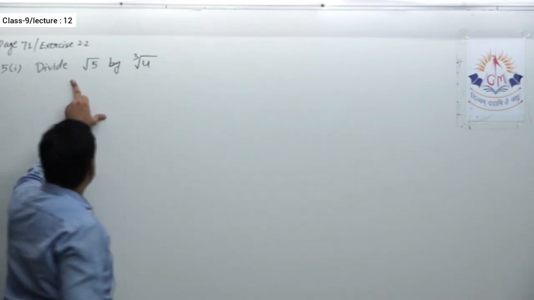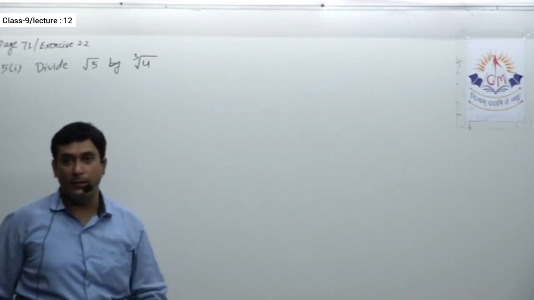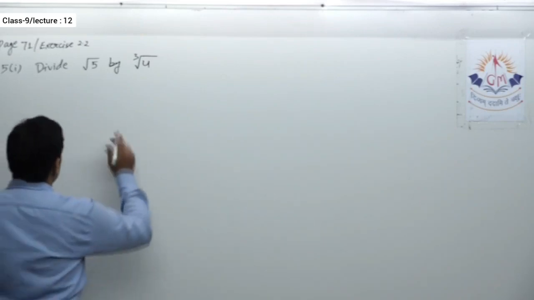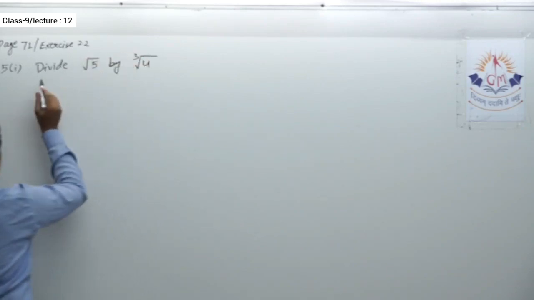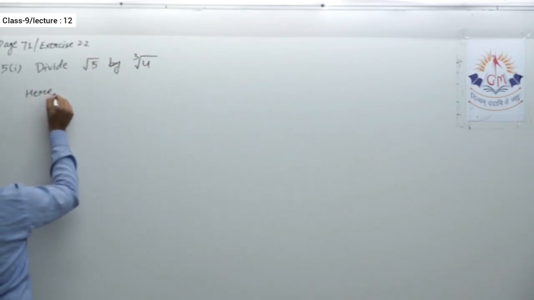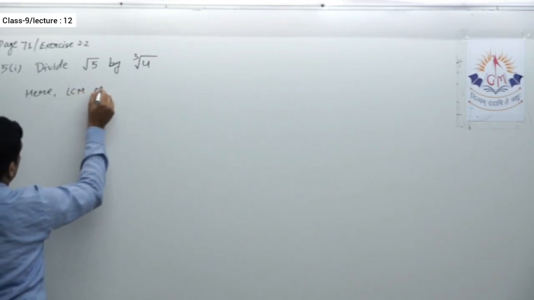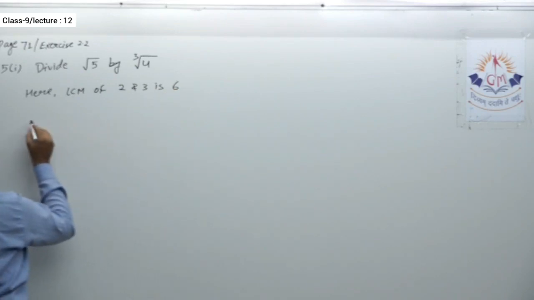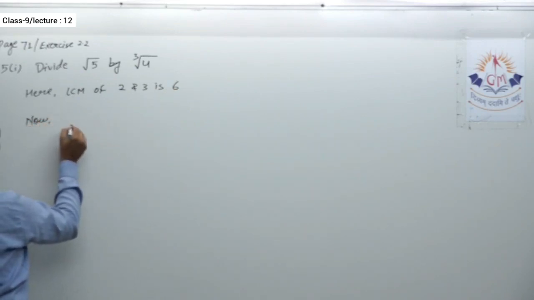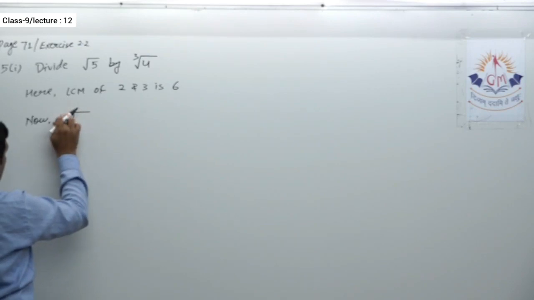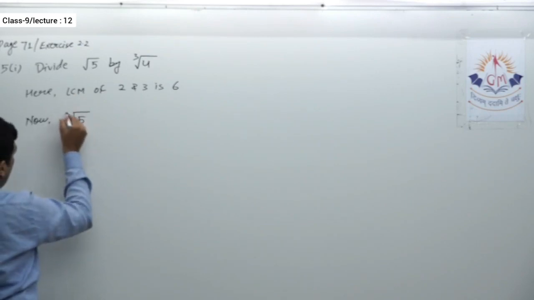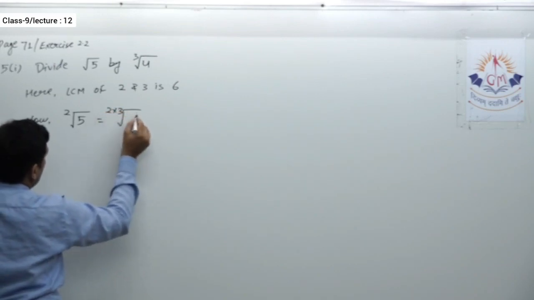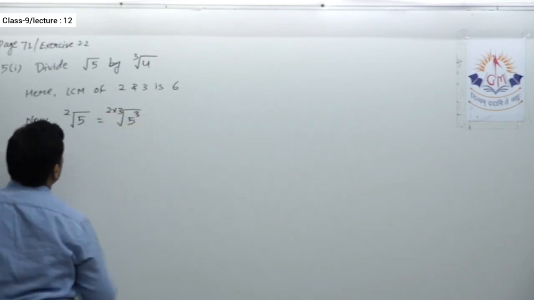So to divide this, again like multiplication, the orders must be same. Here order is 2, here order is 3. So first we'll find the LCM of 2 and 3, which is 6. Now this root 5, here we have 2, so 2 multiplied by 3, 5 raised to 3.